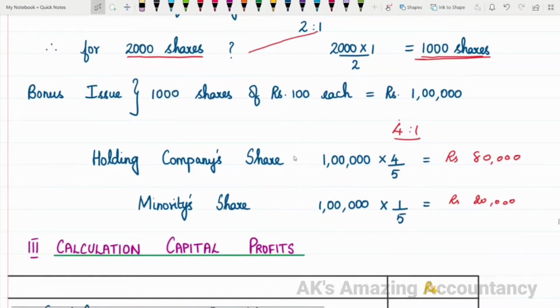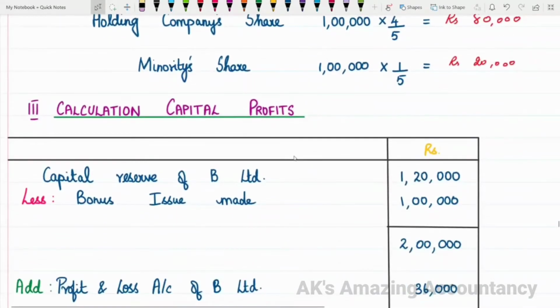Now let us proceed with the next calculation, that is calculation of capital profit. All those profits which are existing on or before the date of acquisition of shares by the holding company in the subsidiary company will be called capital profits. So now let us see what are the capital profits available as per the problem.